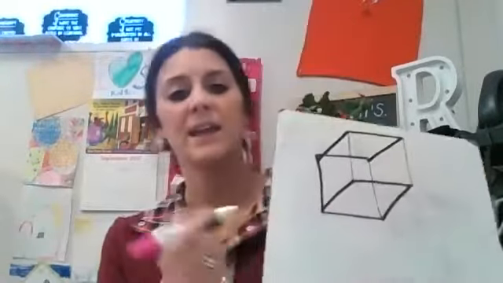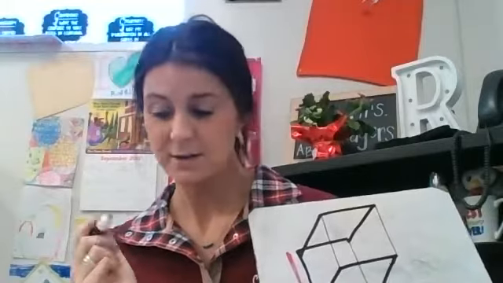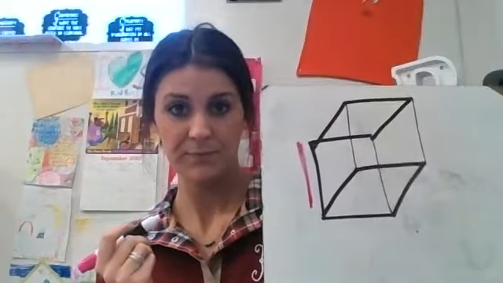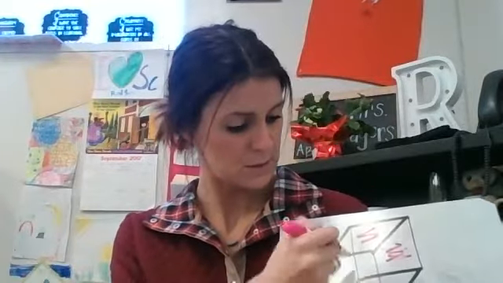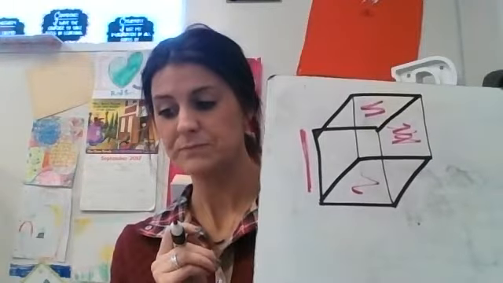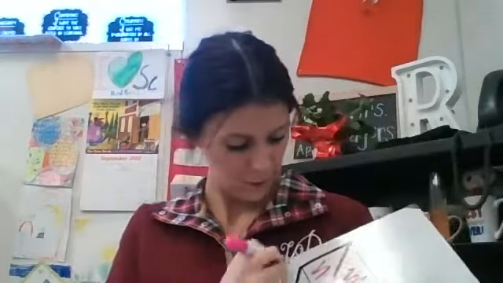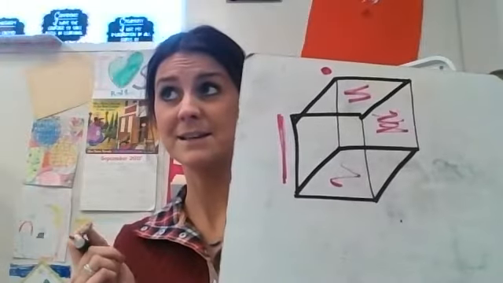So here are your edges. These squares are your faces. And then your points are your vertices.